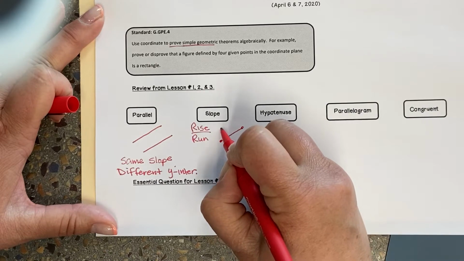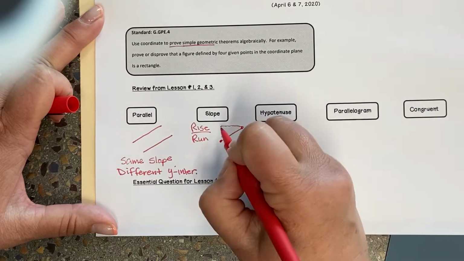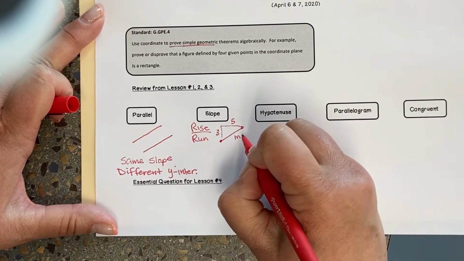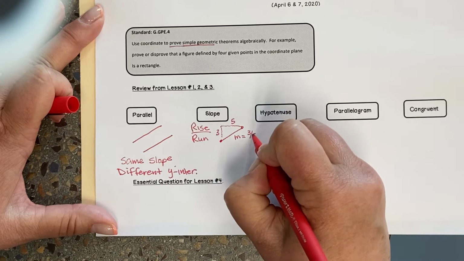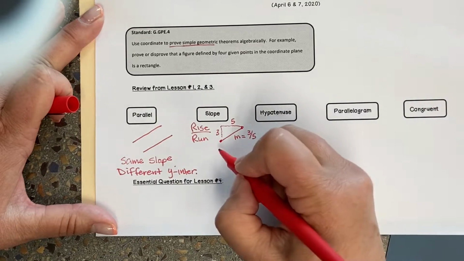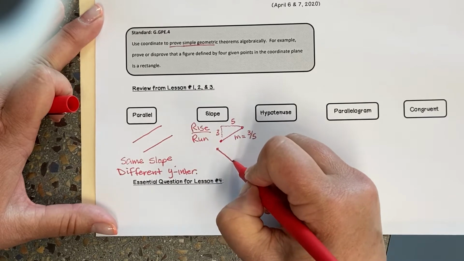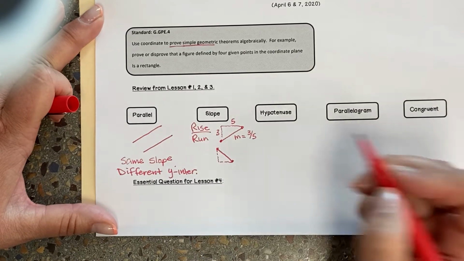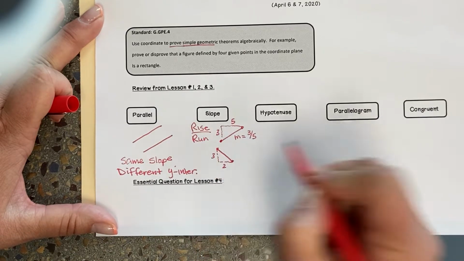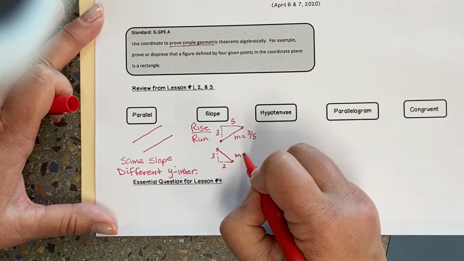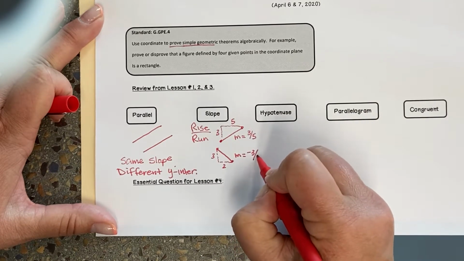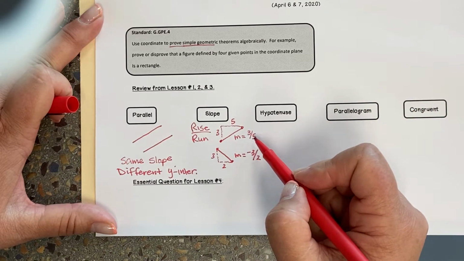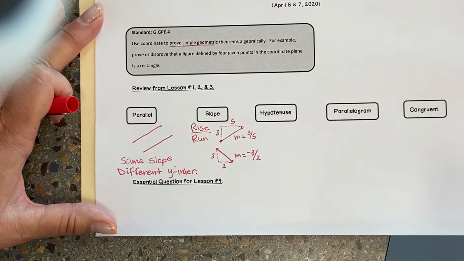You're just going to count, maybe it goes up 3 over 5. You would say its slope is up 3 over 5. Or let's say we had a negative slope that went maybe down 3 over 2. Then you would say the slope of this one is down 3 over 2. Remember, if it's a positive slope, then your fraction's positive. And if it's a negative slope, then your fraction's negative.